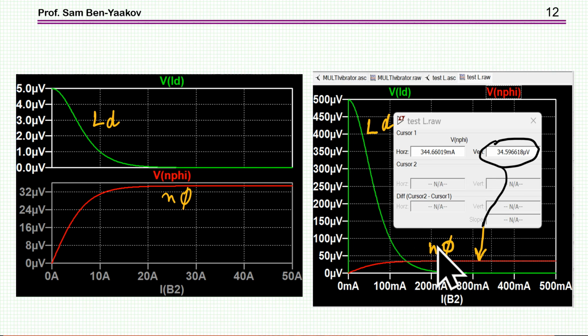But N times phi for this core is the same because it has to do with B max. So here we got 34.6, say, and this is pretty much the same. So we can see that you can actually run both a gapped or ungapped core without any problem.